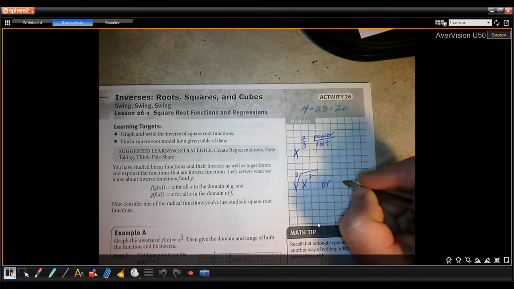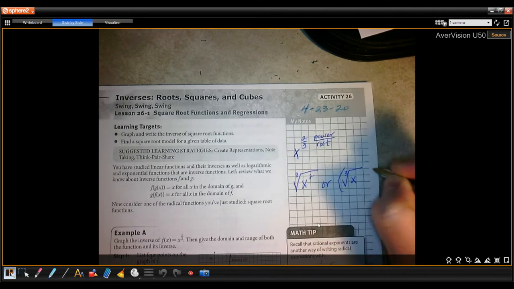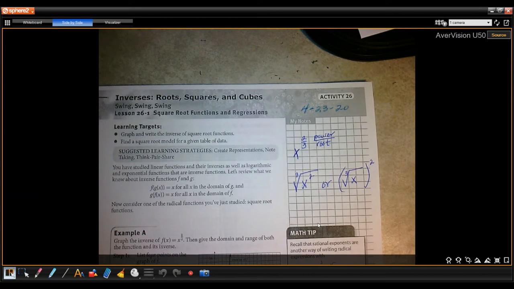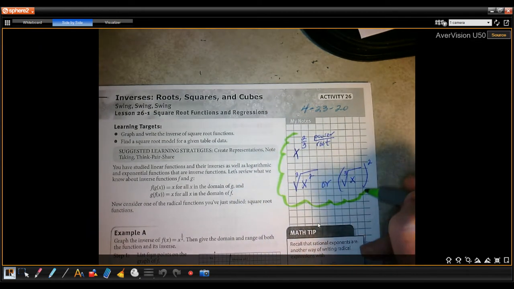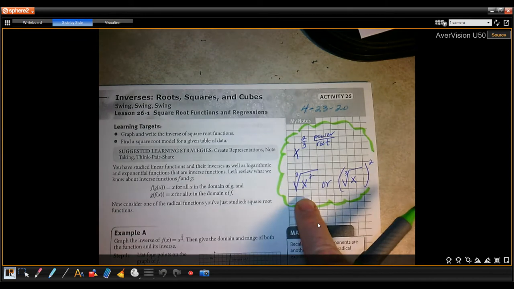Or you could say cube root of x, squared. These are all equivalent statements, actually. All three of these are the same thing. Just a little review of a rational exponent or a radical.